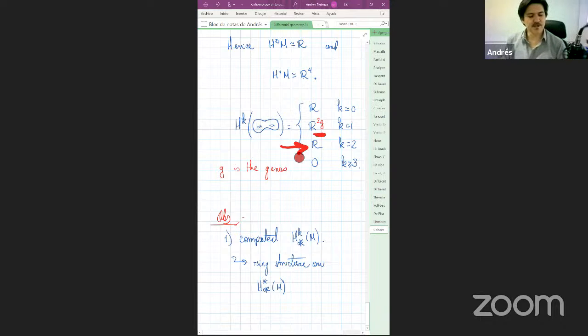So to understand the ring structure of this cohomology, you just have to know what happens on these products, multiplying 1-forms, or classes of 1-forms. We are not going to go into that, but it is known and very nice.